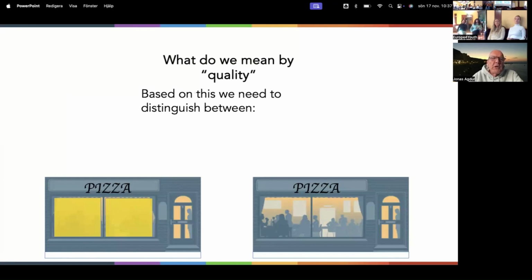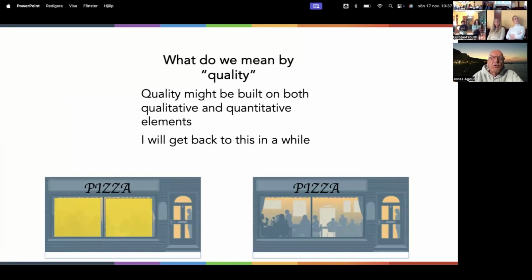Based on this, we need to distinguish, and this is important, between quality and qualitative, and between quantity and quantitative. I will soon get back to this in a short while. Quality might be built on both qualitative and quantitative elements or dimensions. I will soon talk more about that.